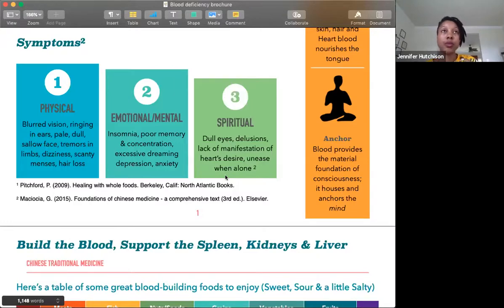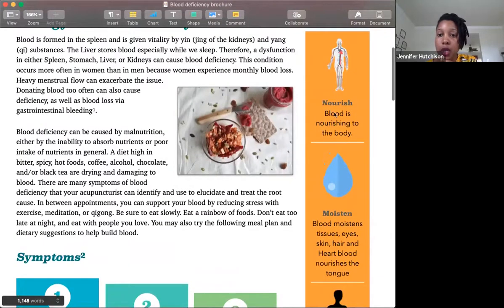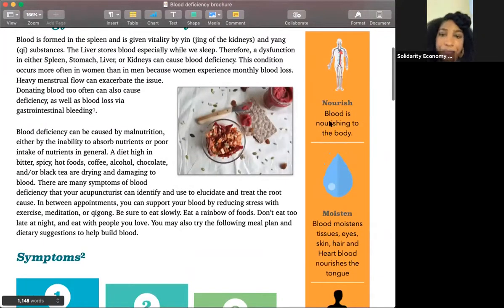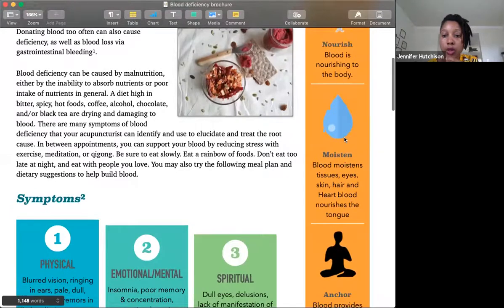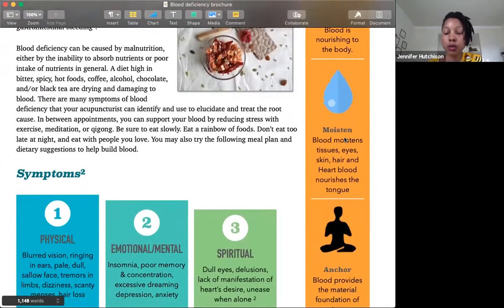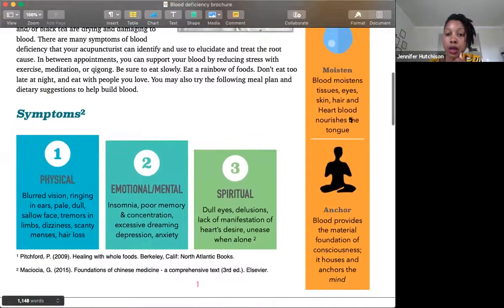So like the blood also, and I'll go right back over here to this right side, the functions of blood: to nourish the body. Blood nourishes the body, which is also the same as in Western medicine, right? Blood moistens the tissues, the eyes, the skin, the hair, and nourishes the tongue.